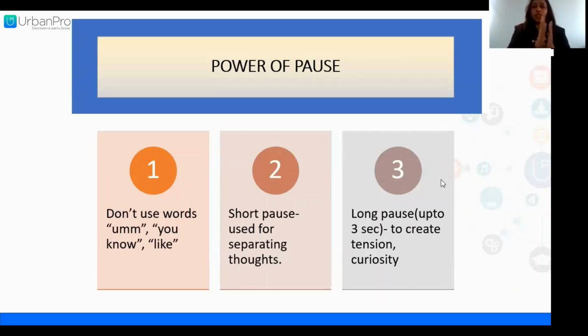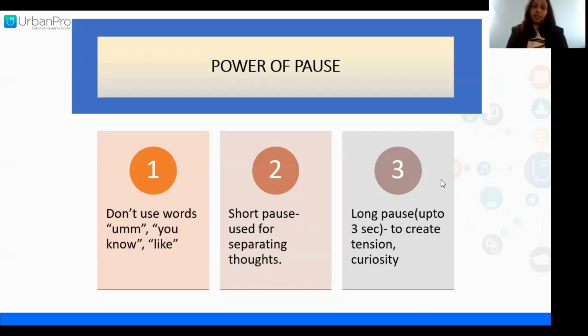When you are switching from one mode to another mode, or from one fact to another fact, or when you are doing storytelling, and you have completed one paragraph and you want to switch to another, at that time you can use short pause. That is the separation of thoughts, like you have completed one idea and now you are switching to another. So that is the importance of short pause.